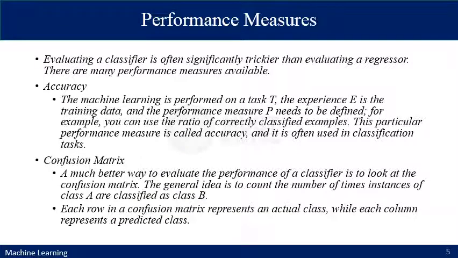So before moving forward, let's have some discussion about performance measures. How are you going to measure the performance of your classifier, or in other words, how are you going to say that your algorithm or your classifier has performed at a certain level? Evaluation of a classifier is often significantly trickier than evaluating a regressor, because in a classifier you have to match the exact class value.